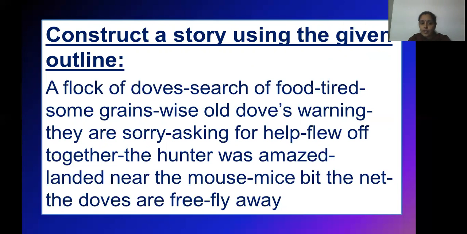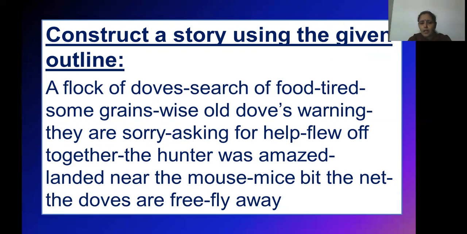Let's read it once again. A flock of doves, search of food, tired, some grains, wise old dove's warning, they are sorry, asking for help, flew off together. The hunter was amazed, landed near the mouse, mice bit the net, and the doves are free and they fly away.